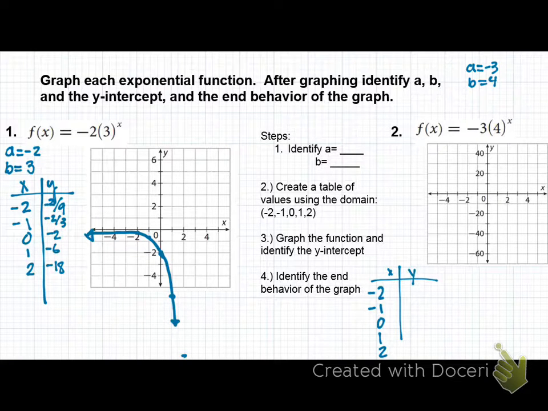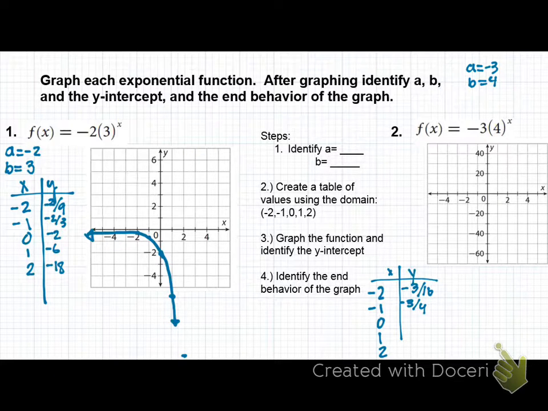Okay, 1 over 16. What's 1/16 times negative 3? Negative 3/16. That's right. Okay, then we have negative 1. What's 4 to the negative first? 1/4. Good. 1/4 times negative 3? Negative 3/4. Good.